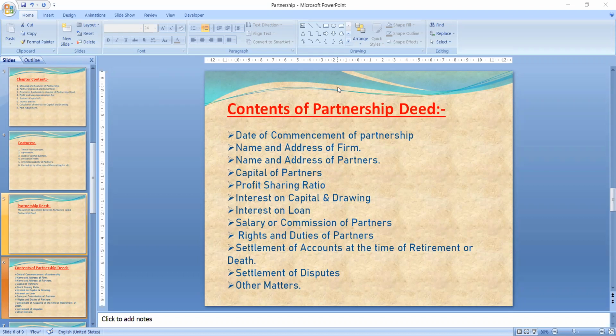In general, many things are not done by partners, but if it is written in partnership deed, then we have to follow those rules, because partnership deed is our important document, and what we have written in partnership deed is agreed by all the partners.